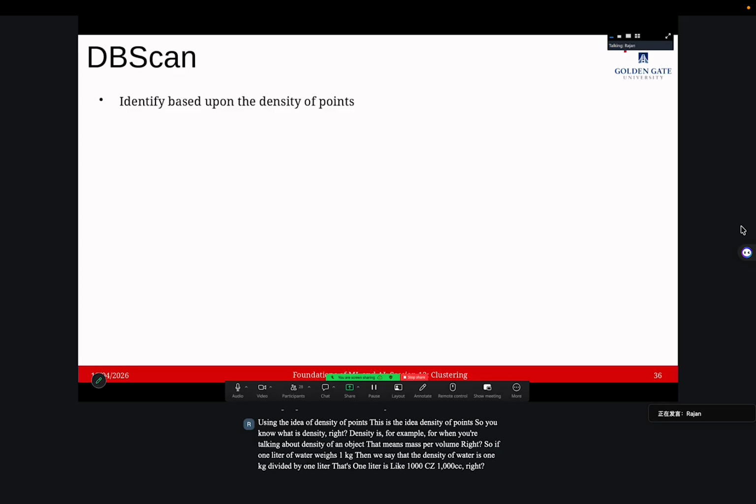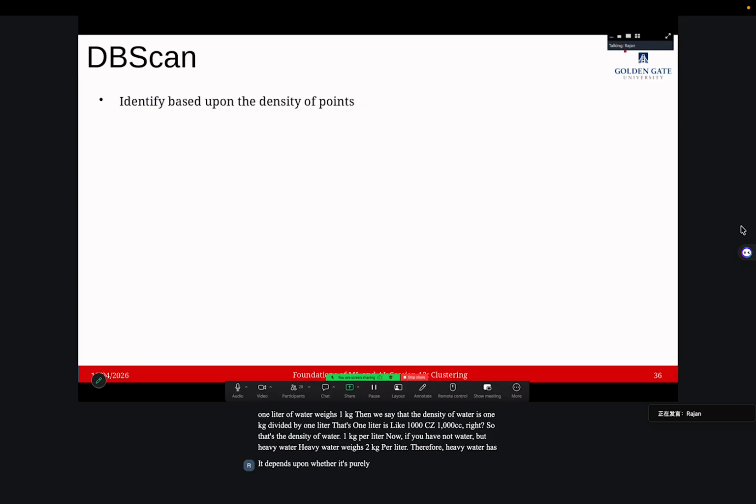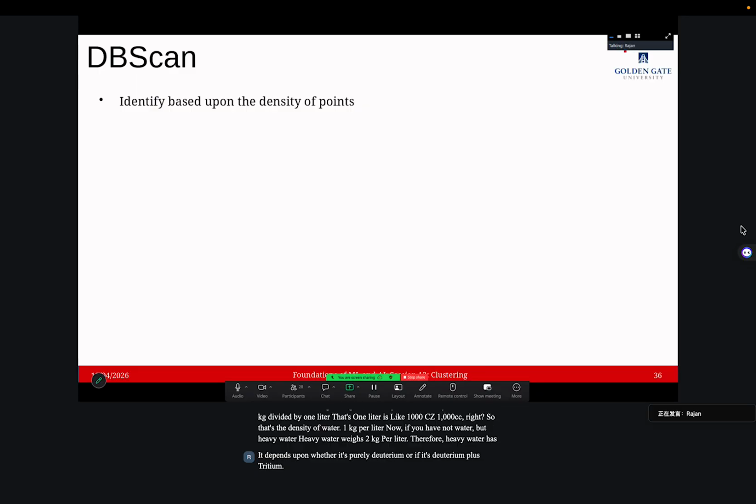So that's the density of water, 1 kg per liter. Now, if you have not water but heavy water, it weighs 2 kg per liter. It depends upon whether it's purely deuterium or deuterium plus tritium, so maybe a little bit more than 2. So that's how we calculate density for objects.